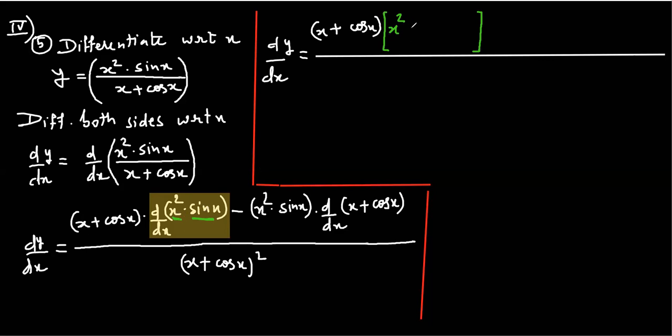What is derivative of sin x? It is cos x. Without writing d by dx of sin x, we have solved many problems, so now we can write it directly. So x square cos x plus sin x into derivative of x square, and derivative of x square is 2x.